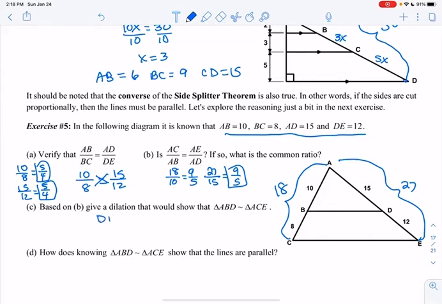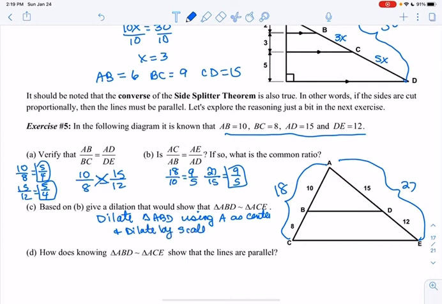So basically, if I took that triangle ABD, the smaller triangle, all right, using A, this is going back to stuff we did in the beginning, using A as the center of dilation, and I dilated it by a scale factor.